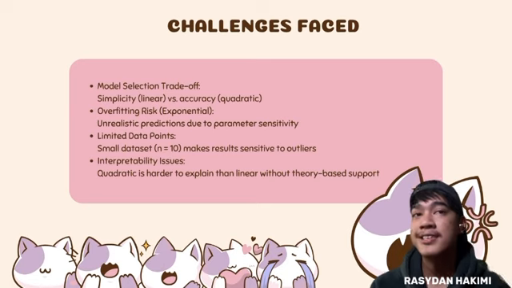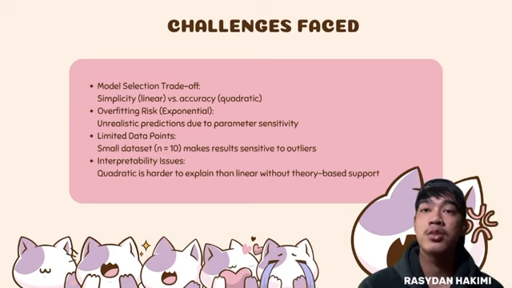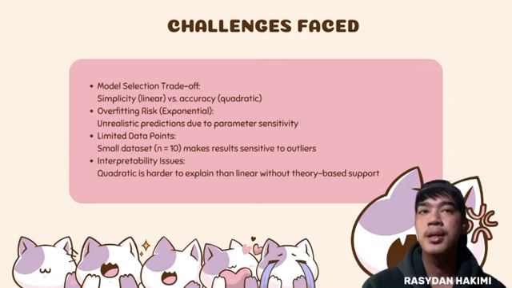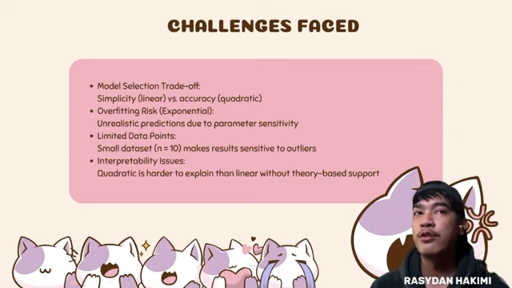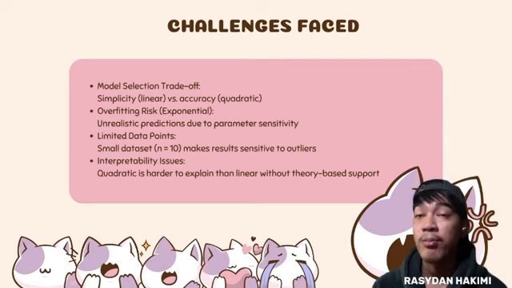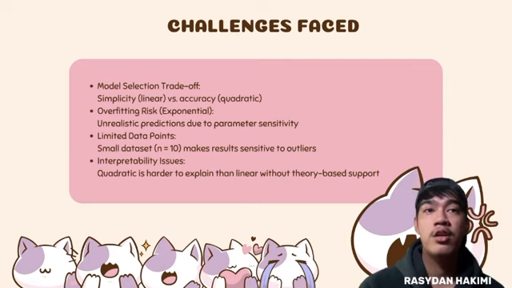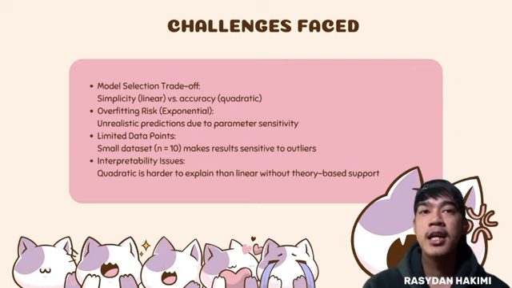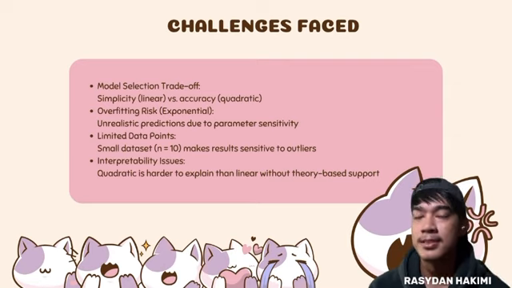One of the main challenges was selecting the right model. The linear model was easy to interpret and compute, but lacked the flexibility to follow the curvature in the data. The quadratic model, while more accurate, introduced complexity in both computation and interpretation. It's not always obvious when a quadratic model is appropriate unless there's a theoretical reason.